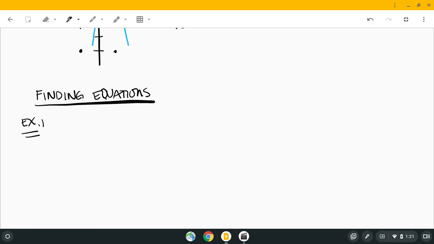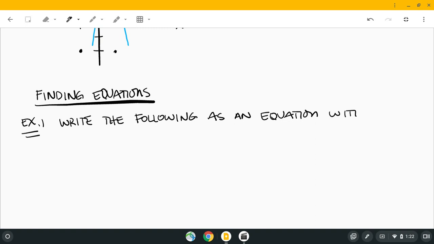So, for example, if you have to write the following as an equation with the transformations applied.